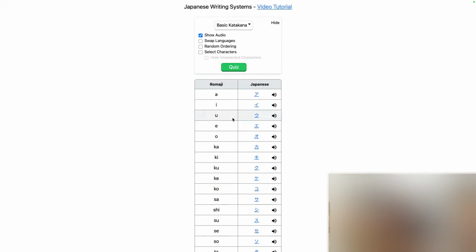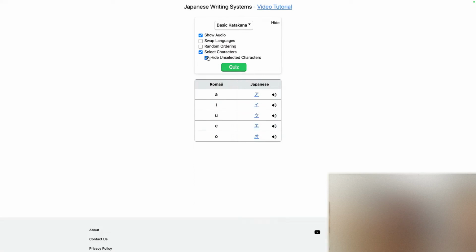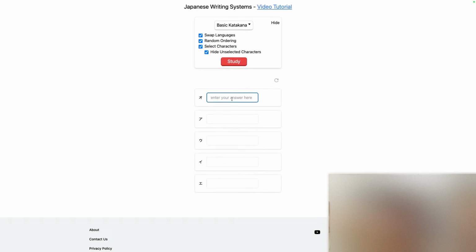Basically, what we can do is say, okay, let's try and just study these 5 vowels. So we can hide the unselected characters, apply random ordering, and try and get these right.